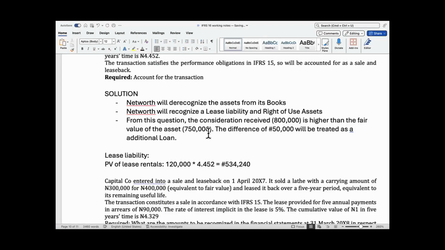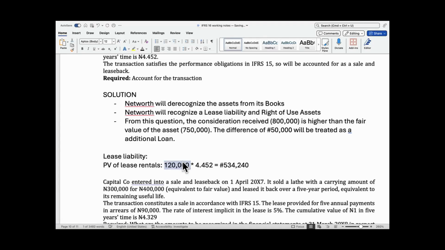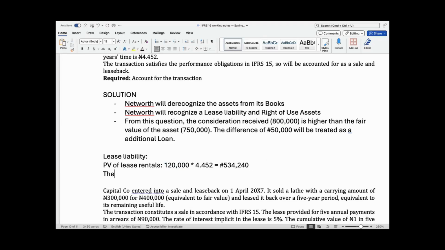Now, what I was explaining to you before, since the consideration received is higher, that means this 120,000 will include repayment of loan. This 120,000 is not just lease rentals. It includes a repayment of this loan. So it's above market rate. So we need to remove. So the PV of lease rental should be adjusted for the loan.